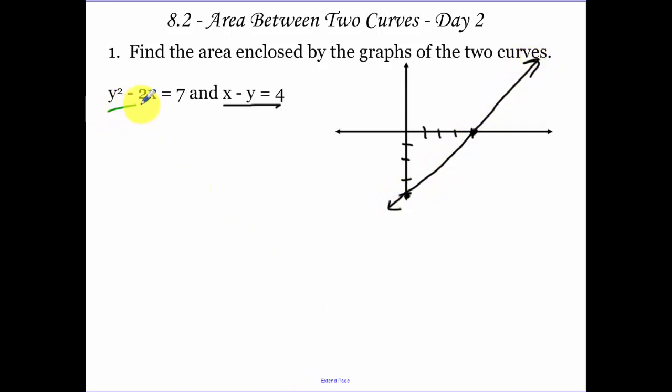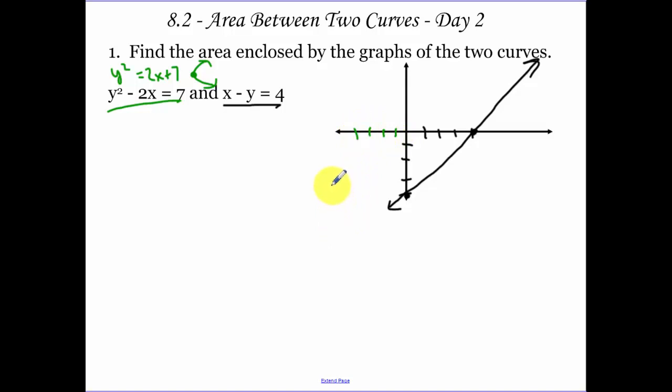Now the other one, technically that's a parabola. If you don't recognize that it's a parabola, that's okay. Since it's a y squared, it's a parabola that looks like that. It's not translated up or down any, but that vertex is sitting on our x-axis.